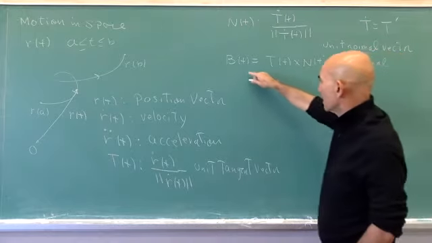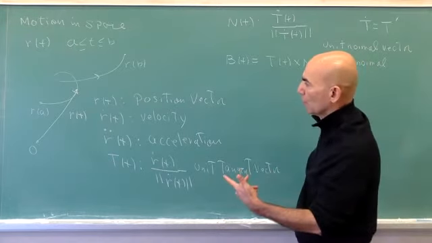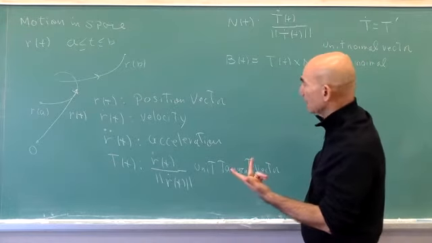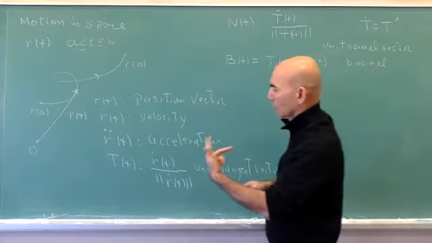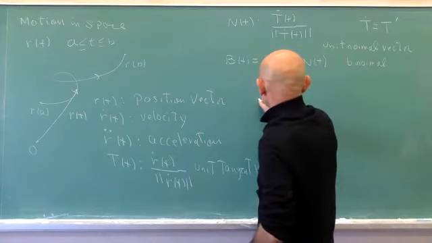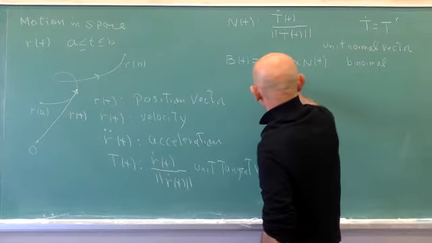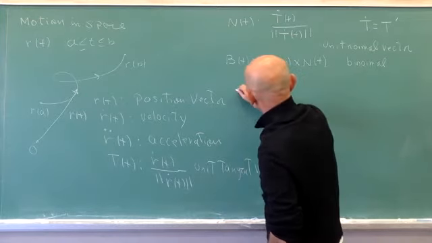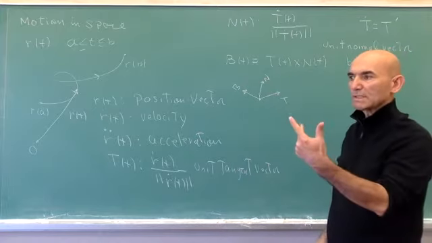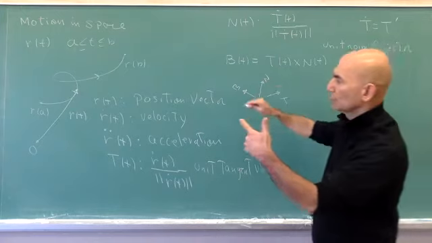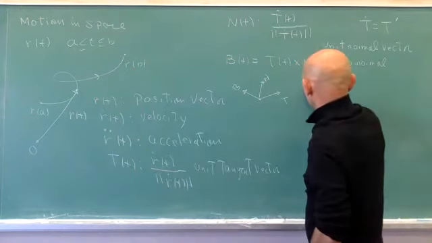Of course, it's clear that this is also unit length and is orthogonal to both T and N. So it forms a triple orthogonal, in fact orthonormal, system. This is T, this is N, and here is B. These three things form a coordinate system at that point, which moves with this particle in space. This is called the Frenet system.